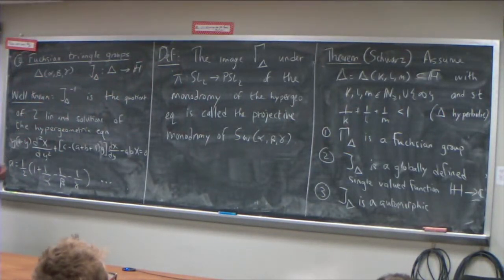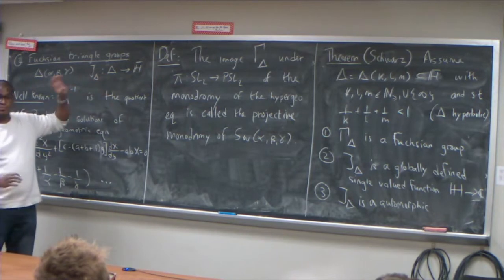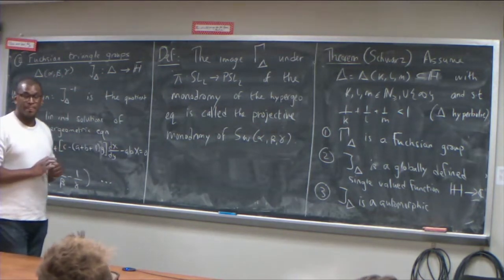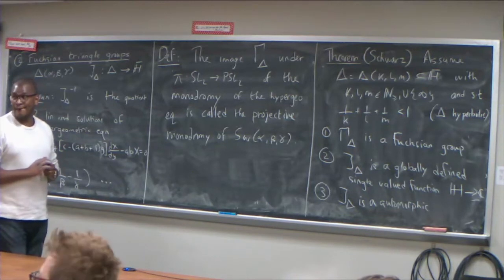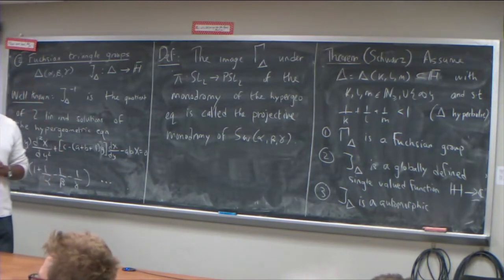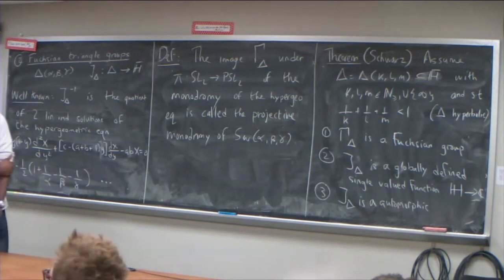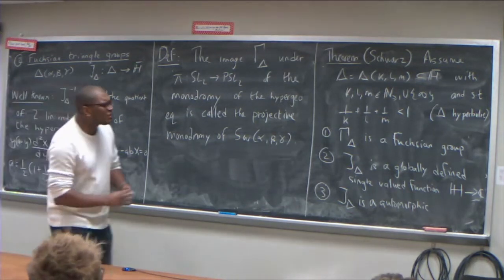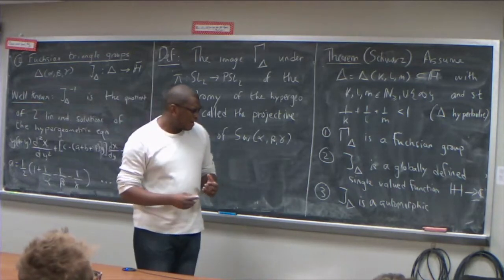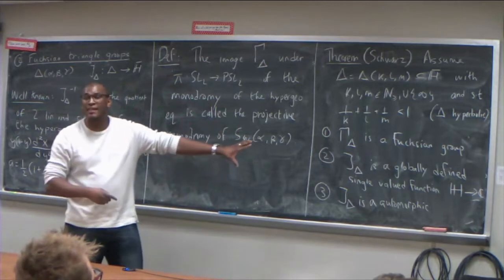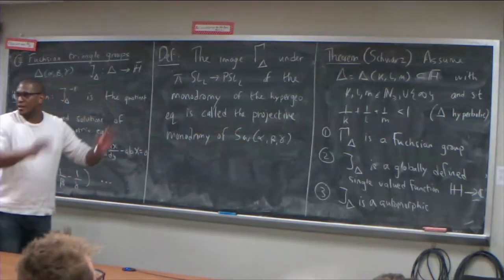So at first we didn't specify where the triangle should be. What happens if one of the angles extends to infinity? That's fine. Somehow you'll have to add the cusps and things. We haven't done that here yet. I'm just giving a very general statement.